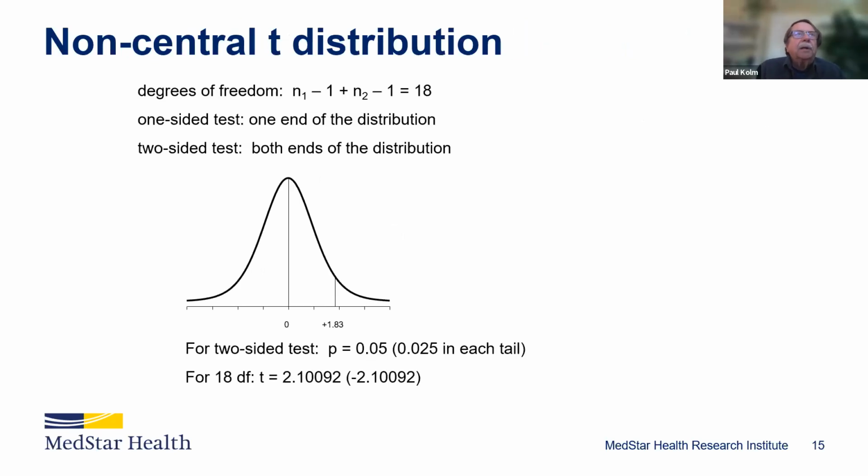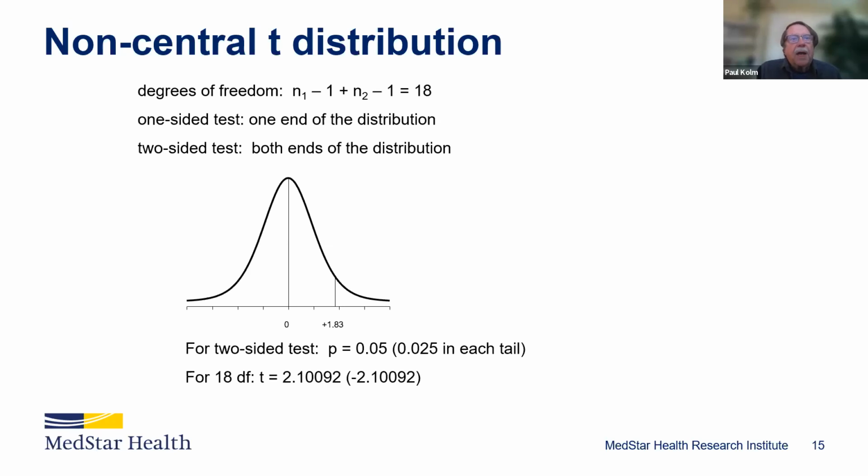So if we look at the non-central t distribution, remember we had 10 in each group, so our degrees of freedom is n1 minus 1 plus n2 minus 1, or 9 plus 9, or 18. As I mentioned, if we're going to do a one-sided test, we'll just look at one end of the distribution. If we're going to do a two-sided test, then we would look at both ends of the distribution.